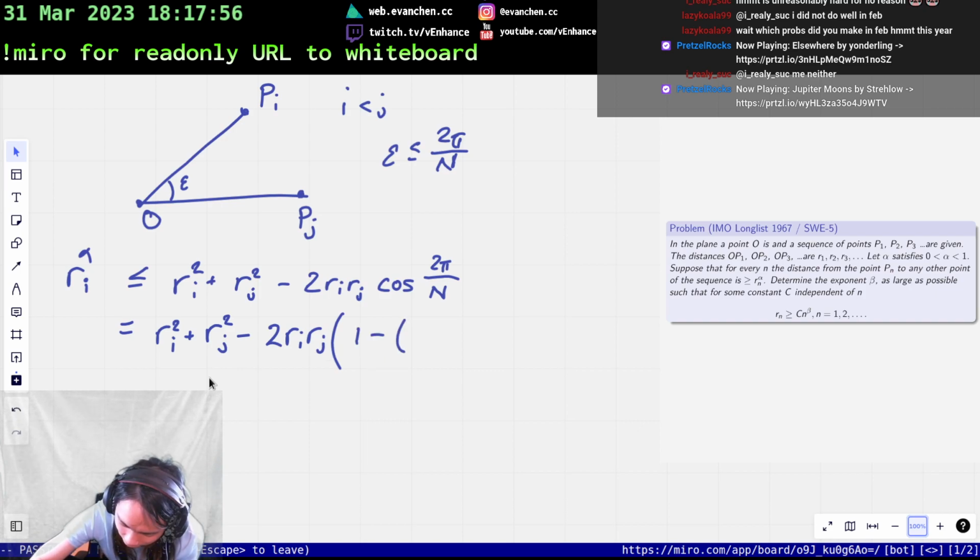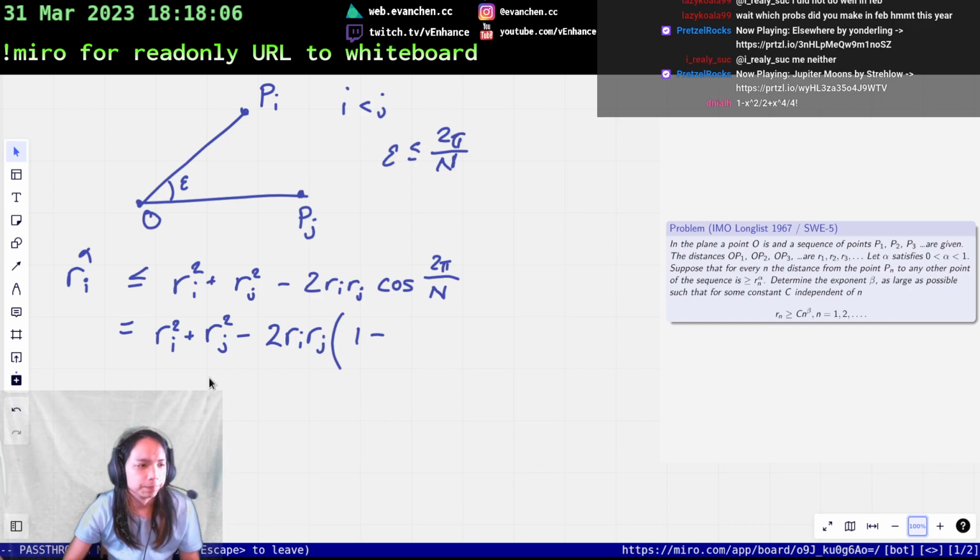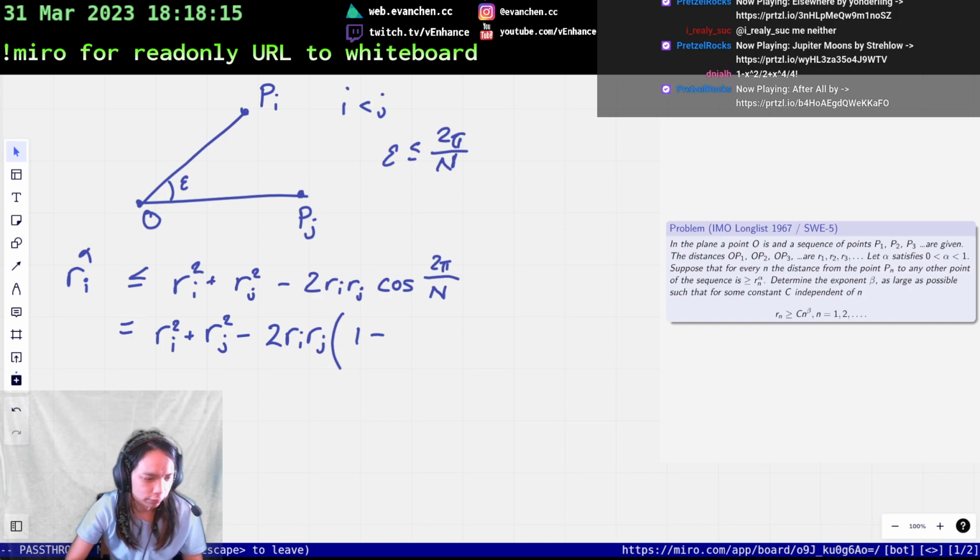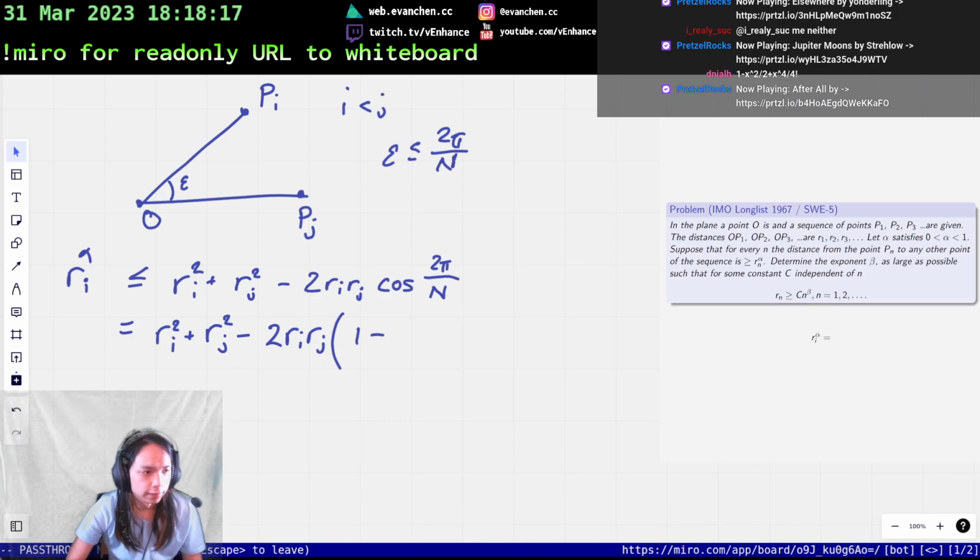Actually, at this point I should type this because these are long equations. We'll save the board space for stuff that requires actually drawing things. So r_i to the alpha is less than or equal to r_i squared plus r_j squared minus 2 r_i r_j cos of 2 pi over N.